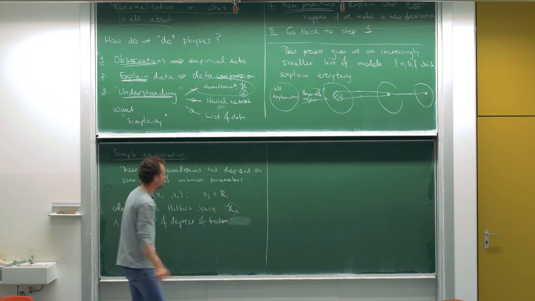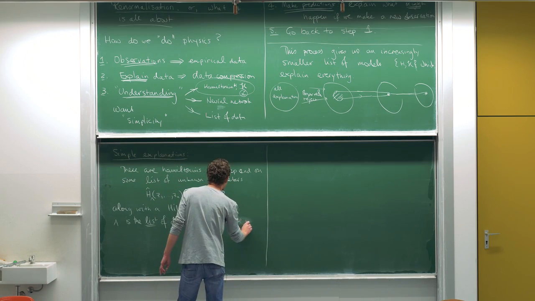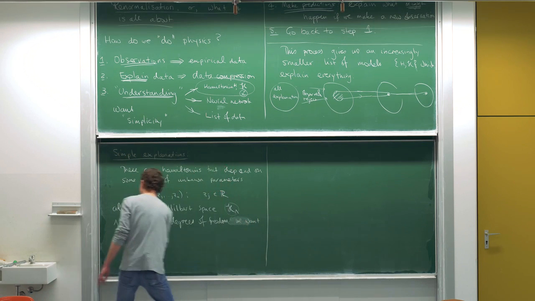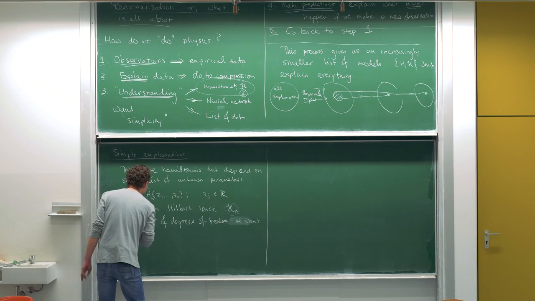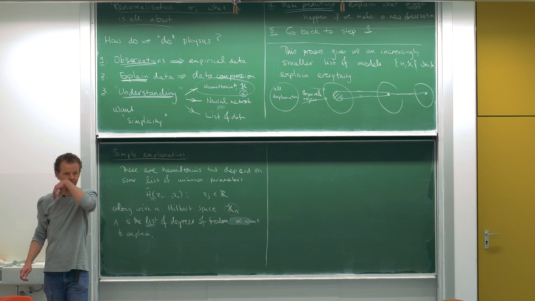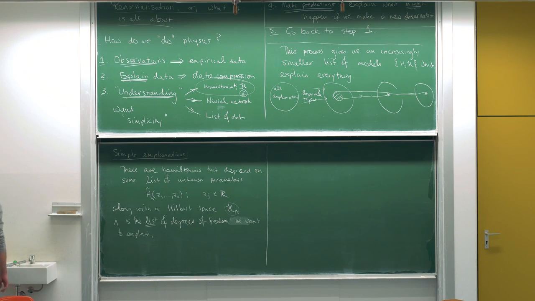I'll write it slightly differently. The list of the degrees of freedom, that's what it is. Lambda is a list. Now, we don't know if that list is finite or infinite.